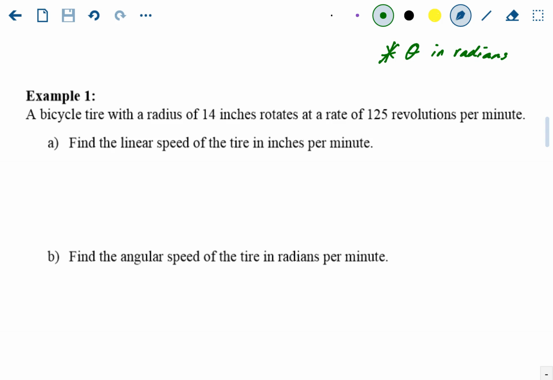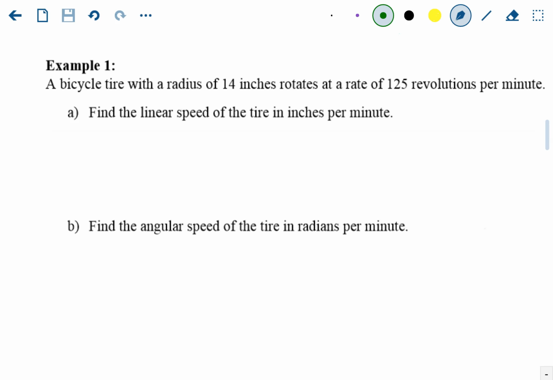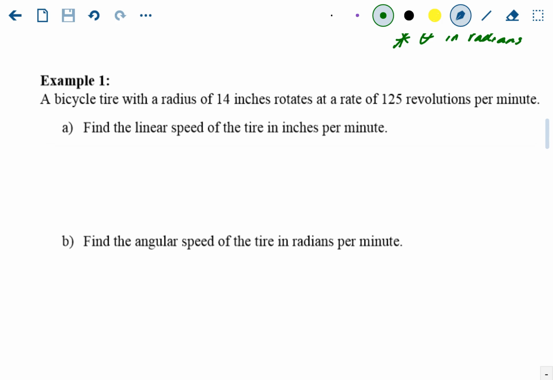If you were to just let that bike tire roll for 1 full minute, it's going to rotate 125 revolutions, but we want to know how far it is going to go. Well, the first thing we need to do is find the arc length, because remember, the formula is arc length over time. We know the time is just going to be 1 minute, but we don't know what the arc length is. So we're going to start by finding S.